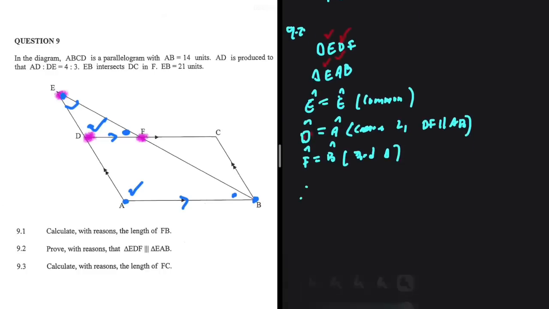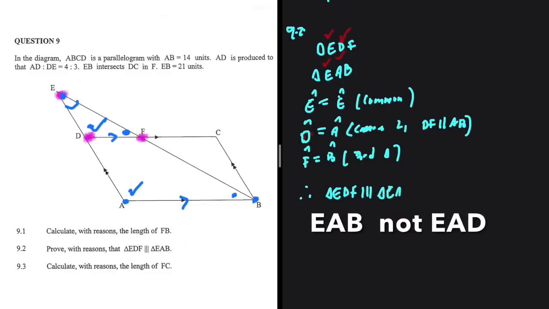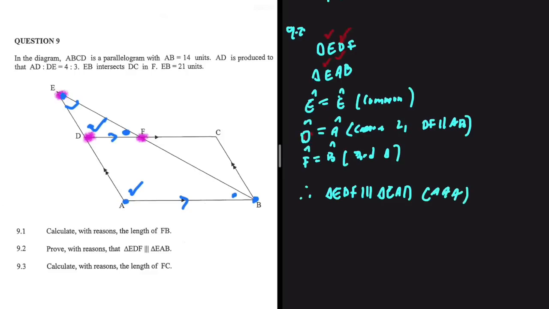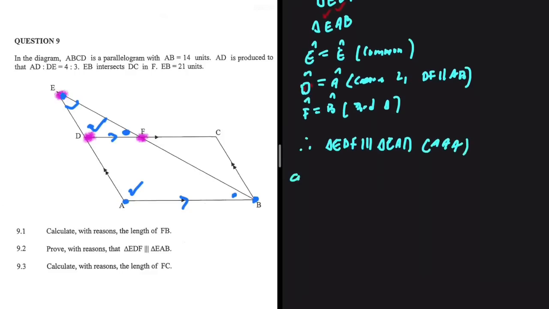So now we can conclude and say that triangle EDF is similar to triangle EAB. Angle, angle, angle. That is 9.2.